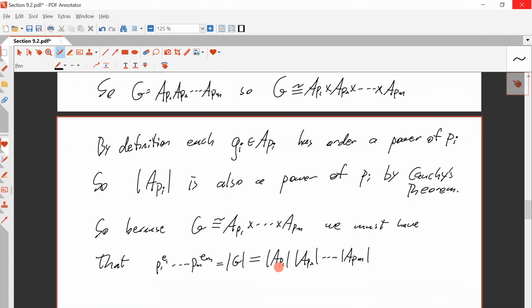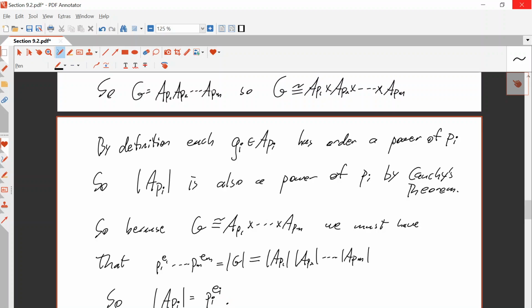Right, but this guy, his order is a power of P1, so it's got to be P1 to the E1. This guy, his order is a power of P2, so it's got to be P2 to the E2. So the order of A_Pi is equal to Pi to the Ei.